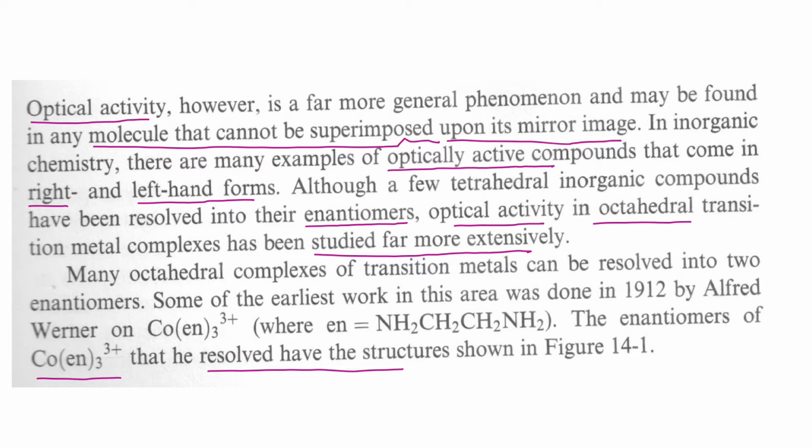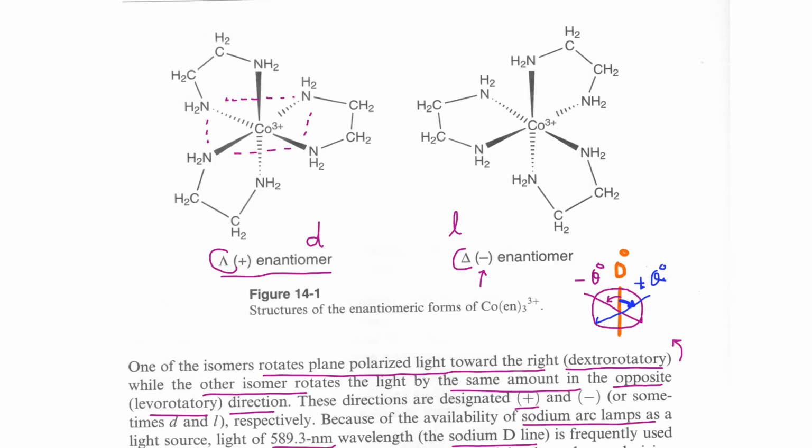And after we prepare the compound tris(ethylenediamine)cobalt(3+), we're going to resolve the enantiomers to the plus isomer and the minus isomer. These are the isomers of the tris(ethylenediamine)cobalt.